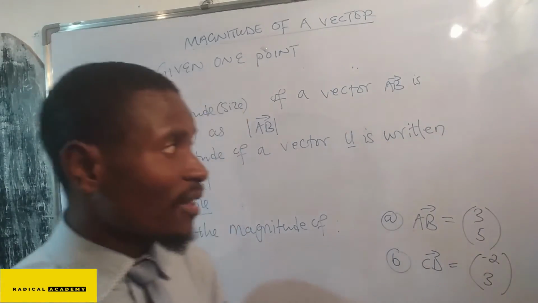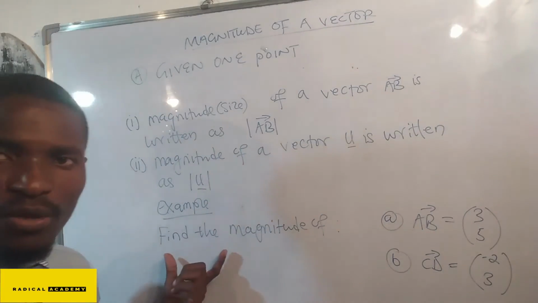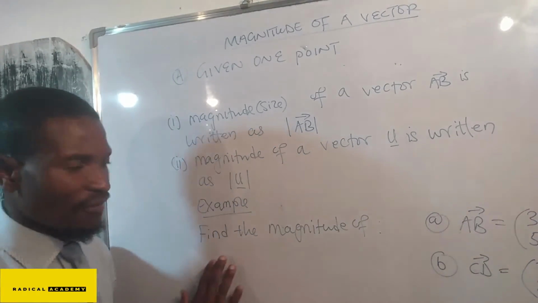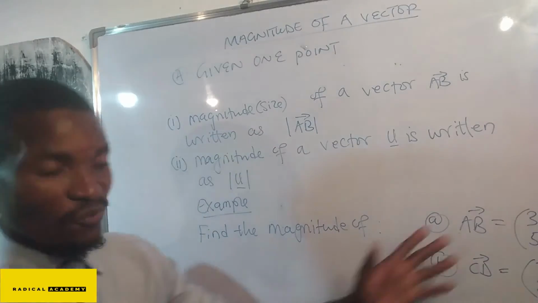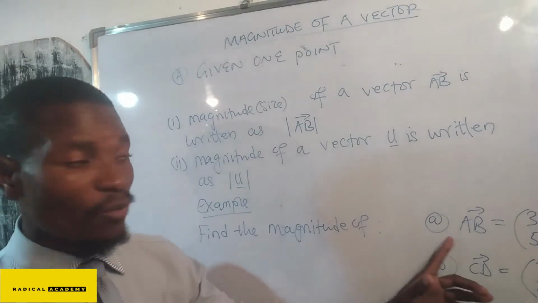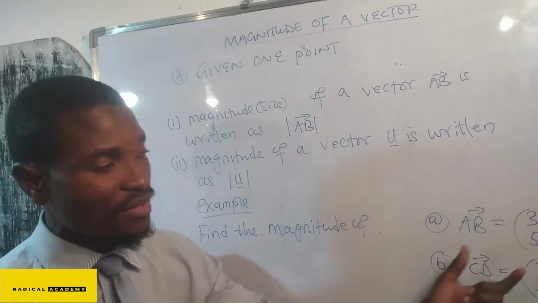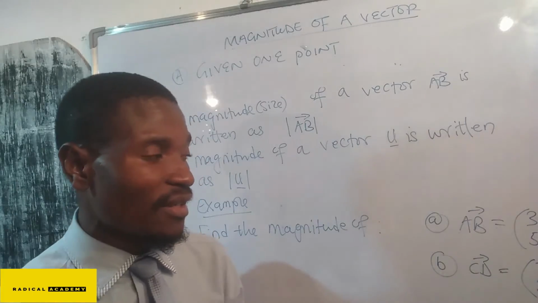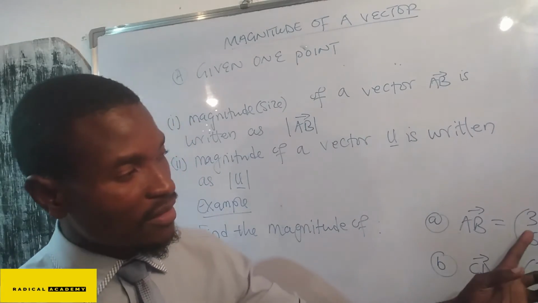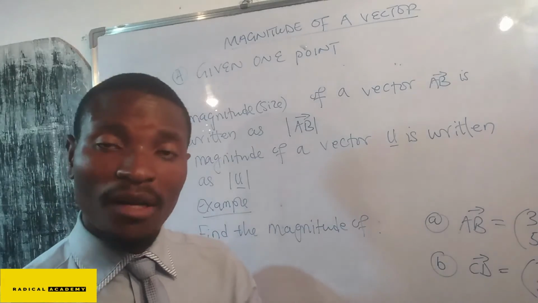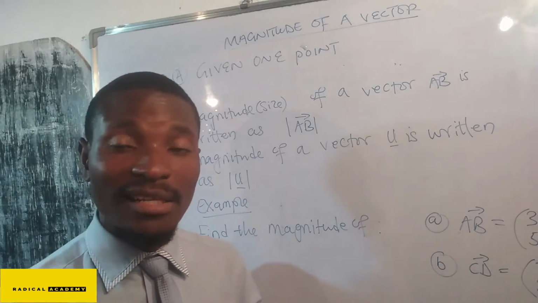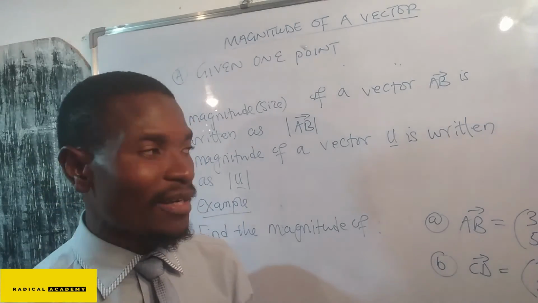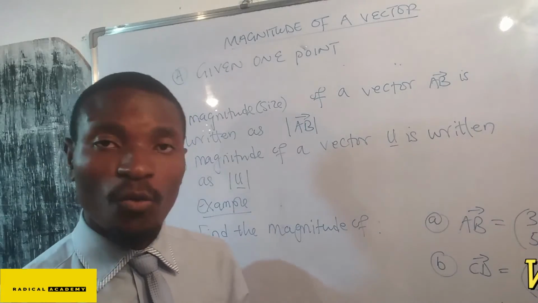Now let us look at an example. This example says find the magnitude of the following vectors. A, we've got AB as our vector, which is in component form, one of the ways in which we can represent vectors, like we saw in the introductory part. The first number represents the value on the x-axis, and the second number represents the value on the y-axis.